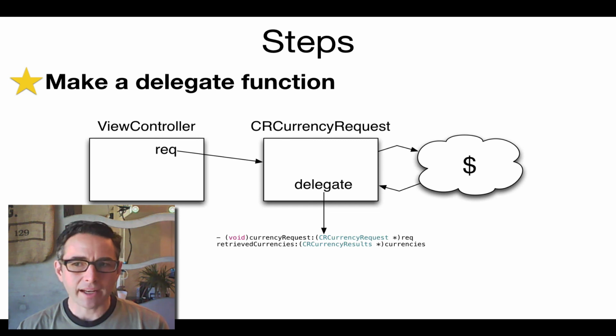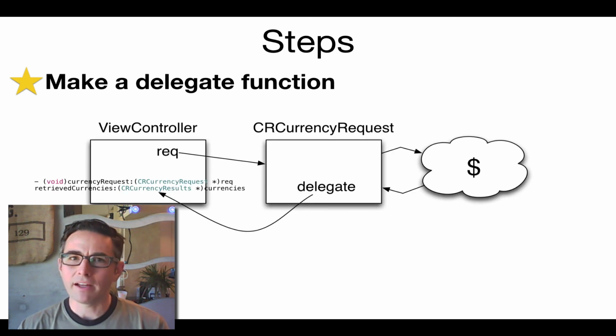We can only do that if we implement the correct interface. If we implement the interface, that's a way of telling the compiler that we actually have the method that's required by the delegate to be called when the currency request comes back. So it's going to be a two-step process. We're going to declare that we're implementing the interface, and then we're actually going to implement the interface as well. All right, so let's do that. Let's try and connect it all.